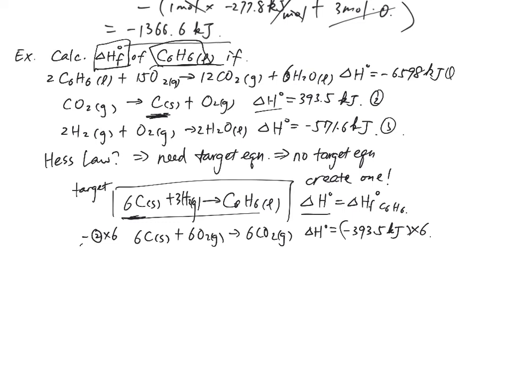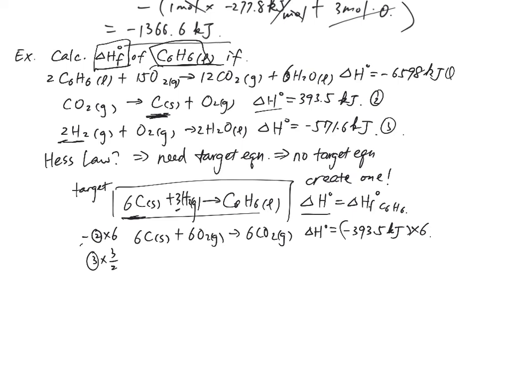Hydrogen gas. Do I see hydrogen gas? Oh, I see hydrogen gas here. Well, it's on the same side, so great. I don't need to reverse anything, but it's 2 and I want 3, so equation number 3 times 3/2.